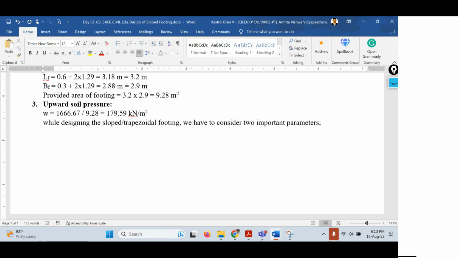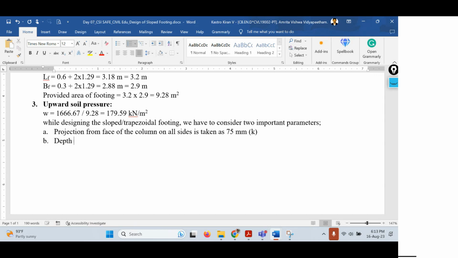The first parameter is the projection. The projection from the face of the column on all sides is taken as 75 mm. I'll represent this with small k, some notation I'm giving here. That's the first thing.